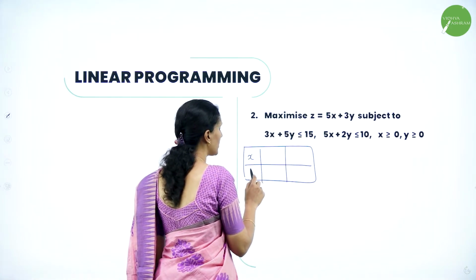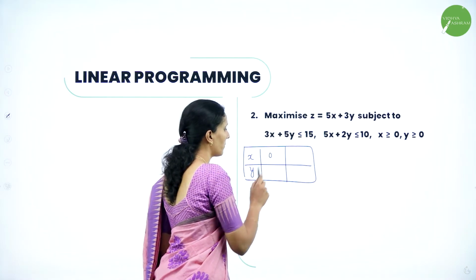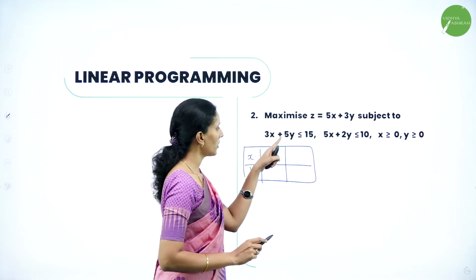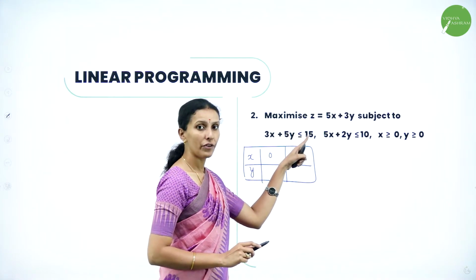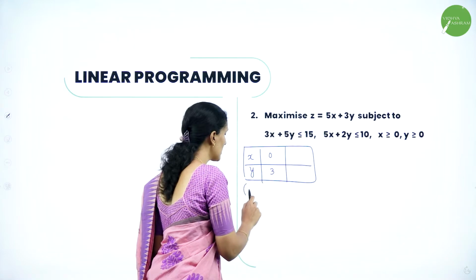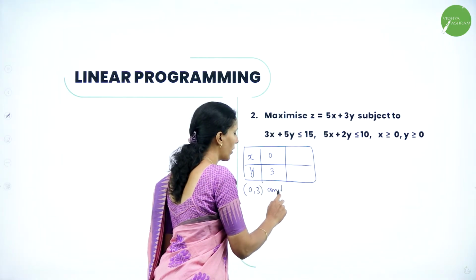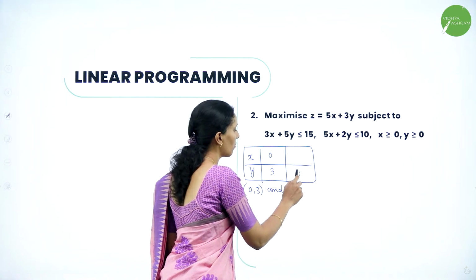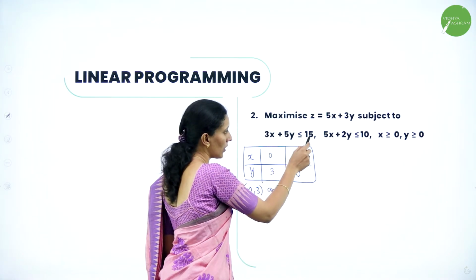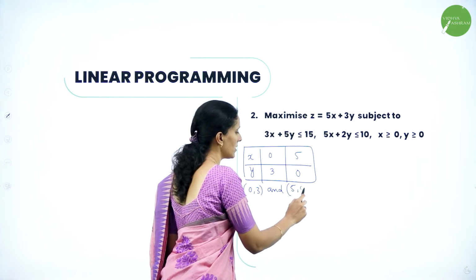We have two linear inequalities here. Let me take x and y values. Let me put x equal to 0. Then 5y is 15, which means y is equal to 3. So the point is (0, 3). Let's see the next point. I'll put y equal to 0, so 3x is equal to 15, that means x is 5. So the second point is (5, 0).